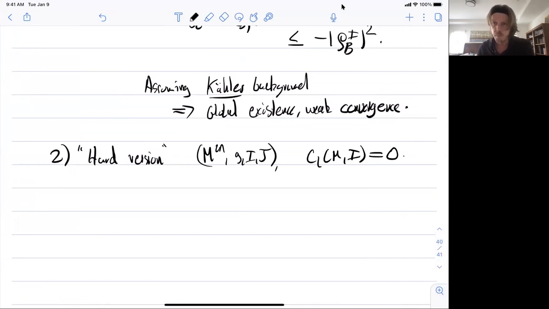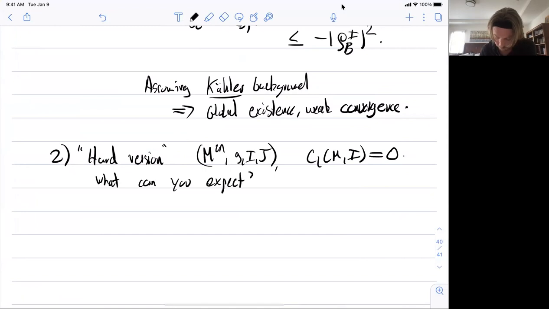And then, what can you possibly expect? Or maybe more, what can you not expect? Kähler rigidity, no way. The Hopf surface is already an example.